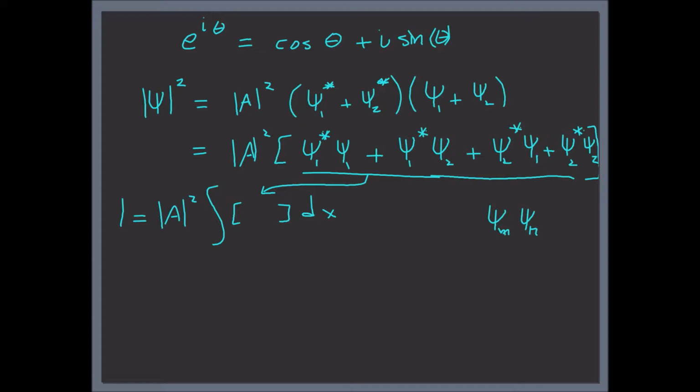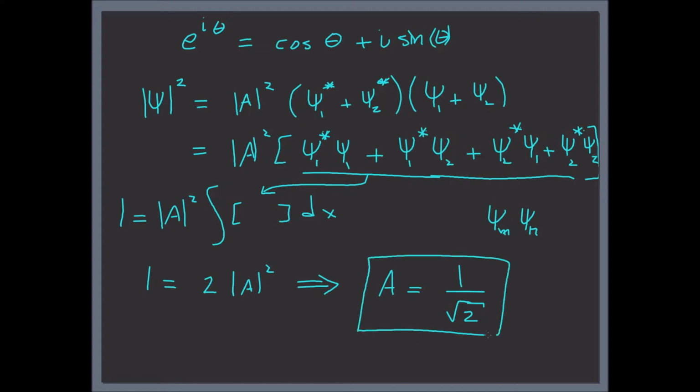So here we get 1, here we get 0, plus 1, and that's the integral. So we have 1 equals 2 times the magnitude square of A. Solving for A, we get A equal to 1 divided by square root of 2, which makes sense. Okay, so this is part A.